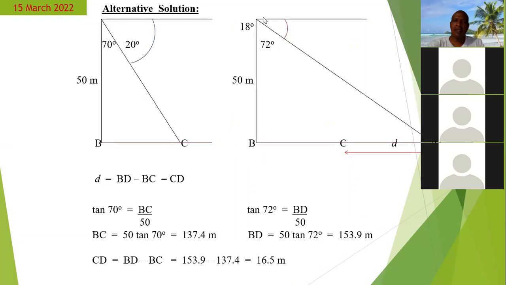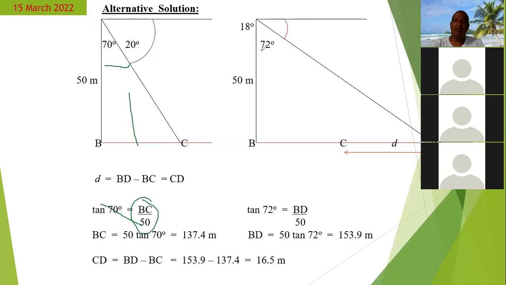Now we would use this side. We're still going to try to find BC, but we're using this angle. So tan of 70 equal BC over 50. Then we carry this across: 50 tan 70 equal BC.